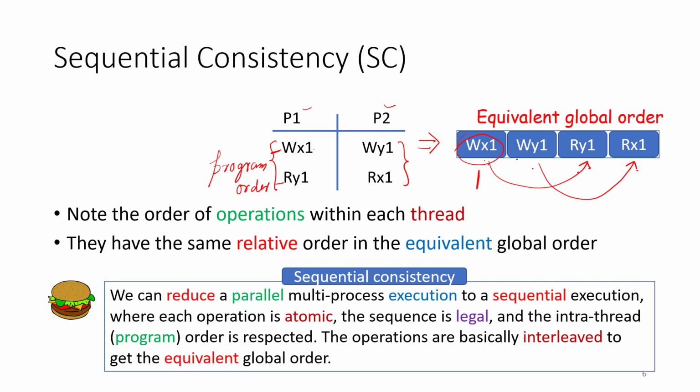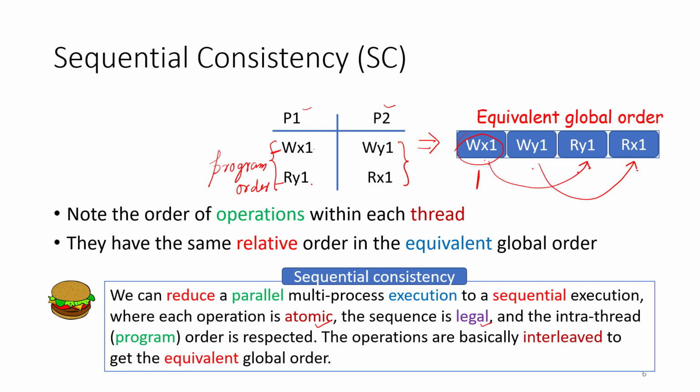So it appears as if you take the operations of the different processes and you can interleave them the same way you take your fingers and interleave them. You can interleave the operations, so you will have different global orders. But the idea is that the execution is consistent with at least one global order where three things hold: atomicity, legality, and the program order is respected.